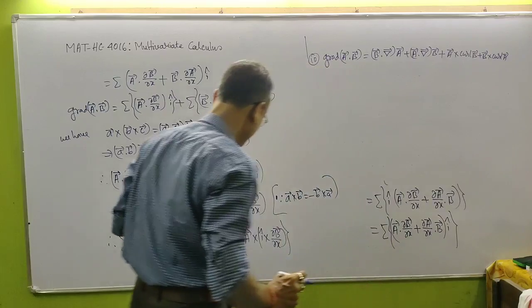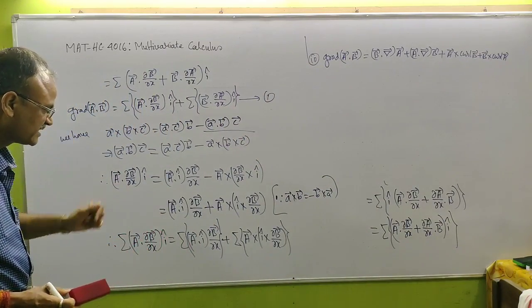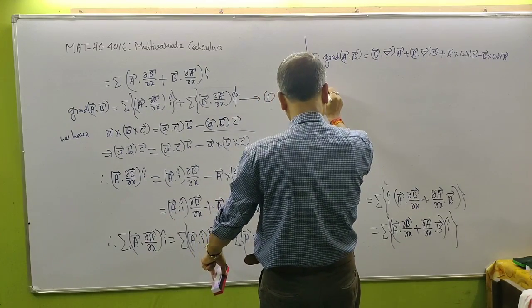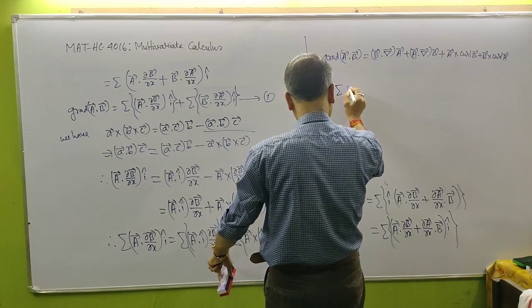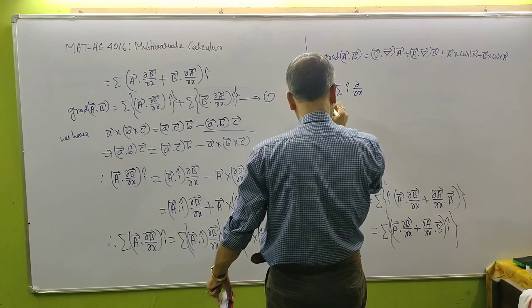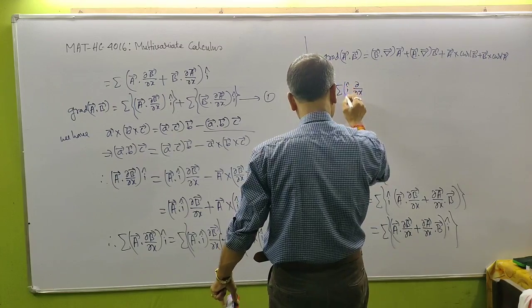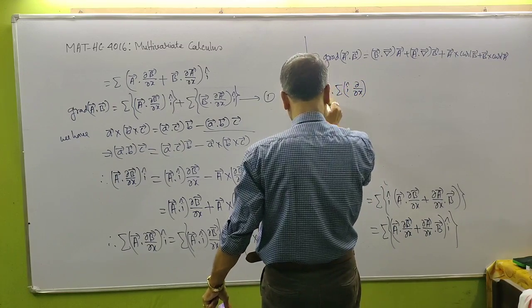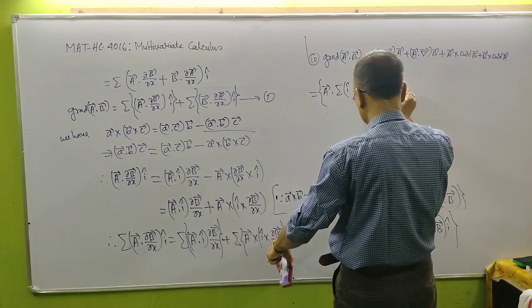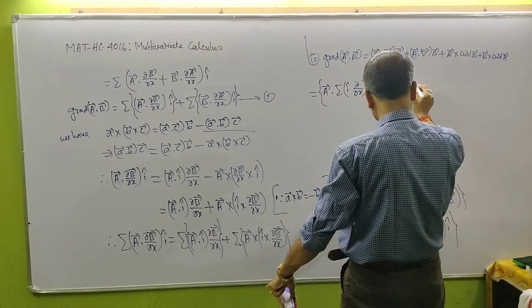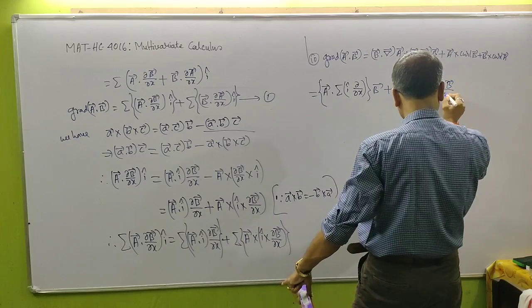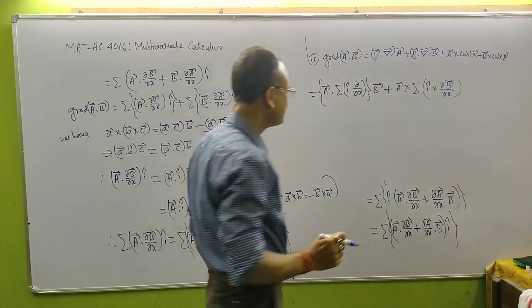Now you see, you may write like this, which is equal to A dot summation i cap del/del x B plus A cross summation i cap cross del B by del x.